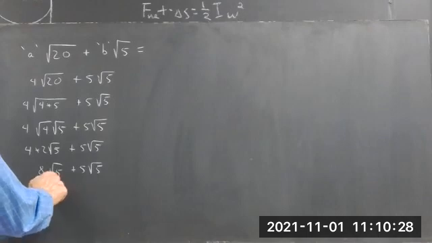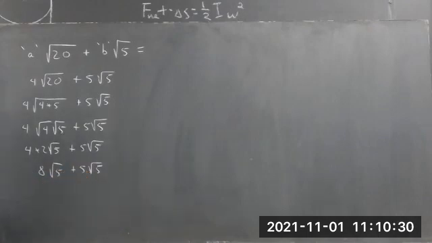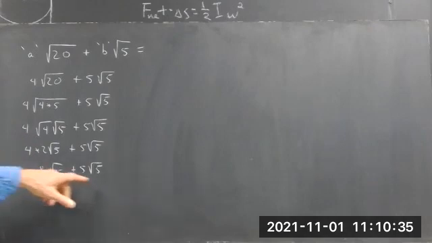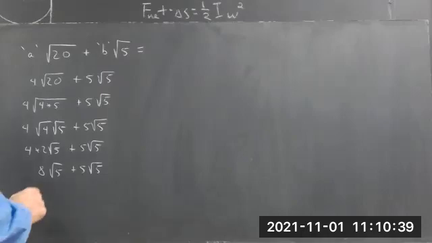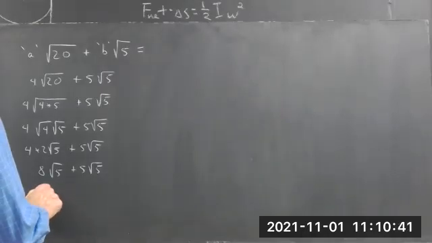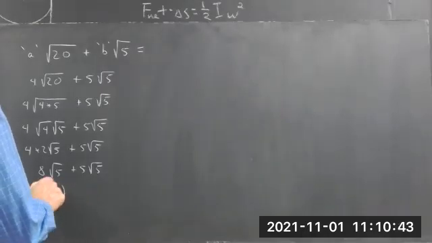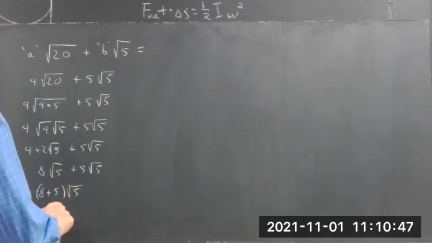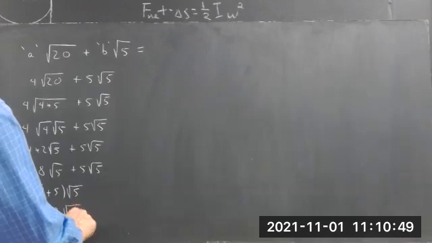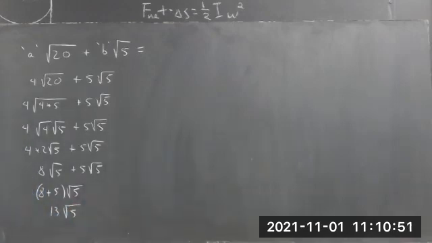Then by the distributive law, we can factor square root of 5 out of it. So this is 8 plus 5 times square root of 5. And that's 13 times the square root of 5. Okay.